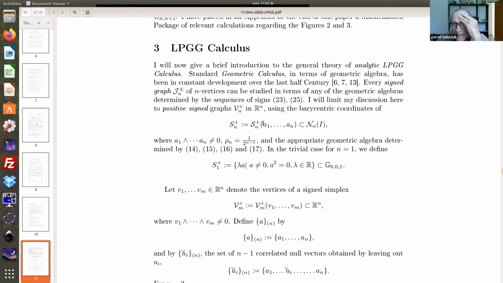I am assuming that we have these n null vectors, A1 up to An, and I'm trying to extend from what I mean by the notation G001. All I start with is one null vector.